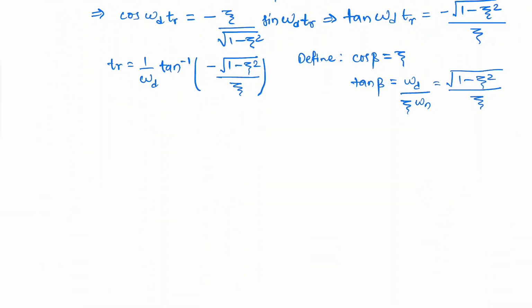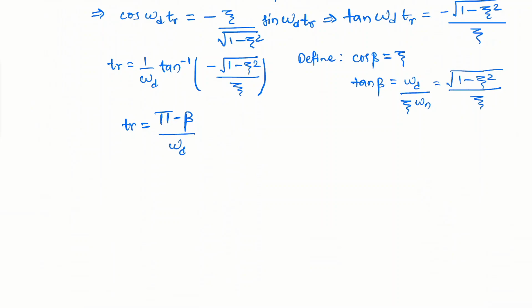So if we want to figure out tan inverse of minus under root 1 minus zeta square over zeta in terms of beta, this entire term would become pi minus beta since there is a negative sign. So this is the expression for rise time.